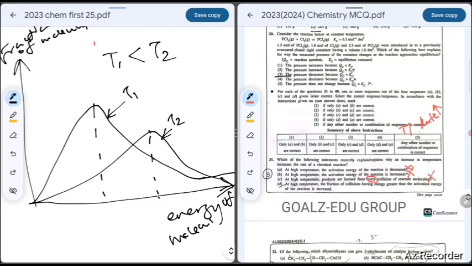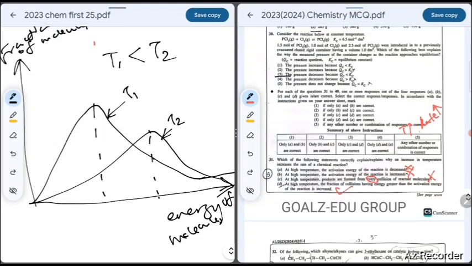Therefore, the graph shifts towards the right at high temperature. So at high temperature, the fraction of collisions having energy greater than the activation energy of the reaction is increased. That is the answer.